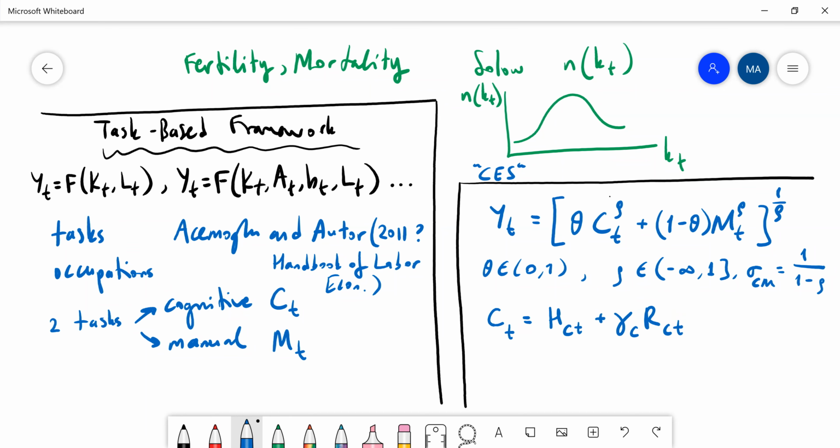And similarly, for the performance of the manual task, you might use human labor, H, or robot labor. So H is for human labor, and R is for robot labor.